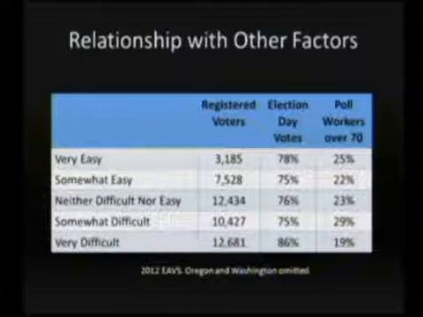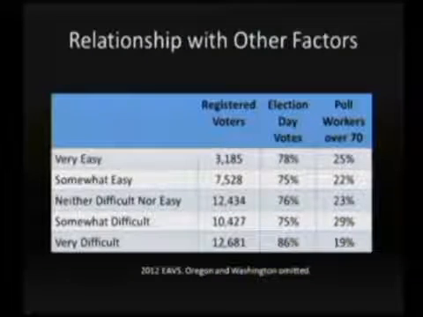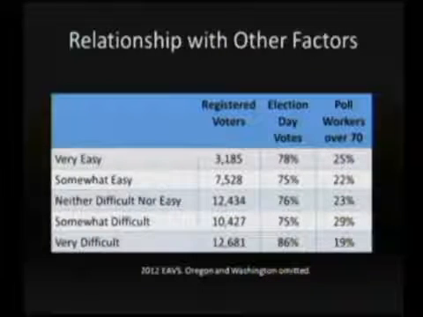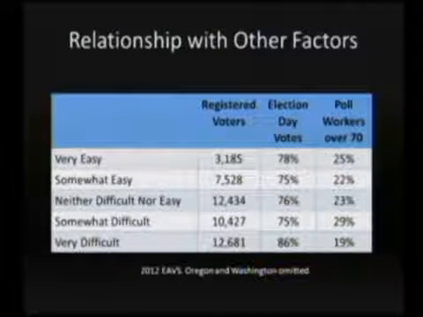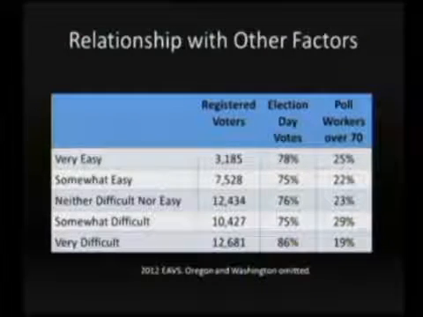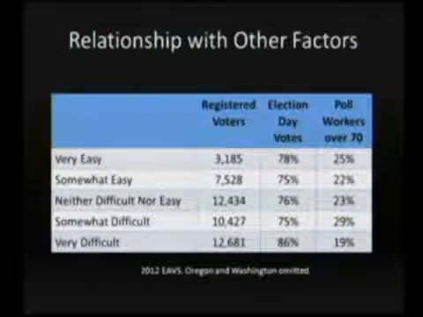Does it relate to other factors? Sort of. As the difficulty becomes greater, you see that there are more registered voters in jurisdictions. So I think this fits with other evidence we've seen that it's harder to find poll workers in urban or more populated places, places with more population density. But in terms of the other metrics, there aren't big differences.